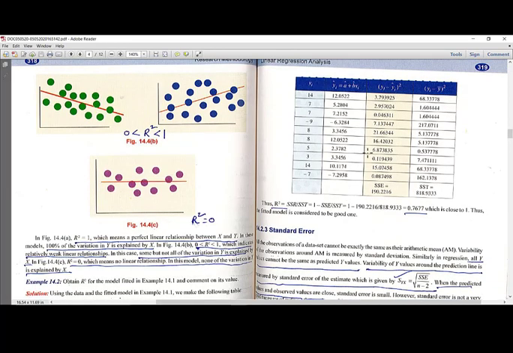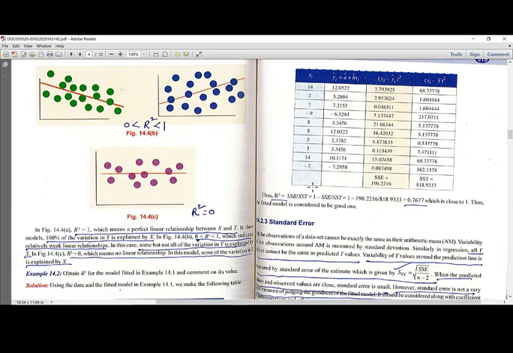Based on these values, of course, we have taken the column summation, and SSE is equal to 190.2216, and SST, which is nothing but the summation of these values of (yi minus y bar) whole square, is 818.9333.